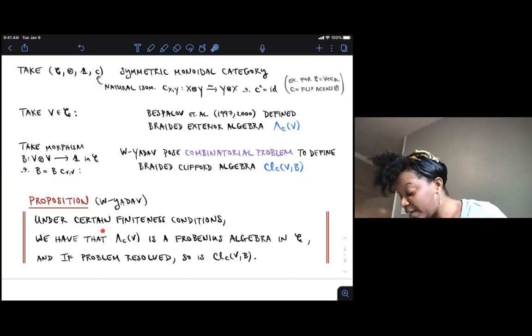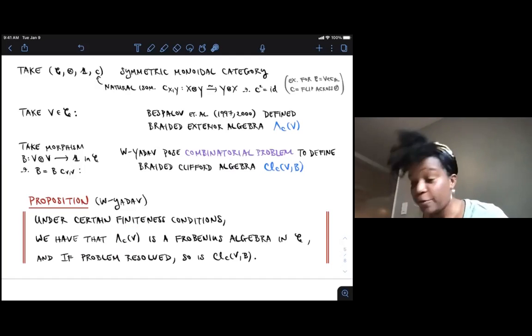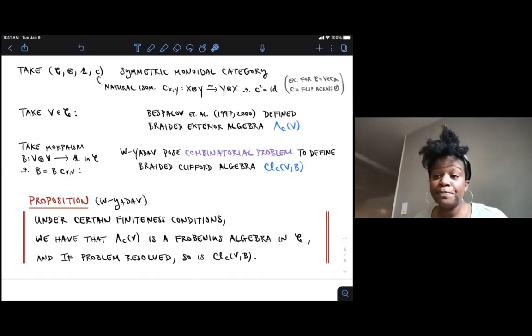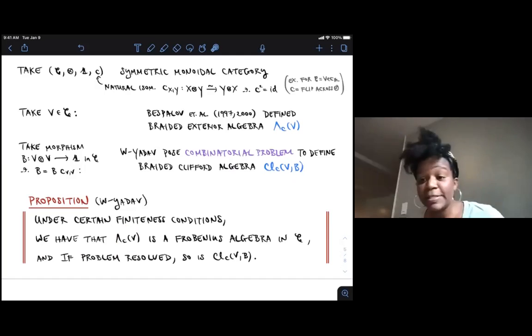So under certain finiteness conditions, we show that the braided Clifford algebras, braided exterior algebras are always Frobenius. And if the problem is resolved, i.e. if these Clifford algebras exist, then they are Frobenius as well by our main theorem.